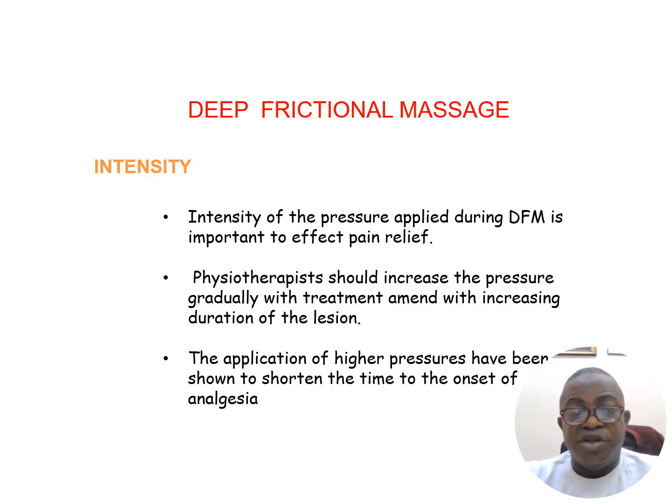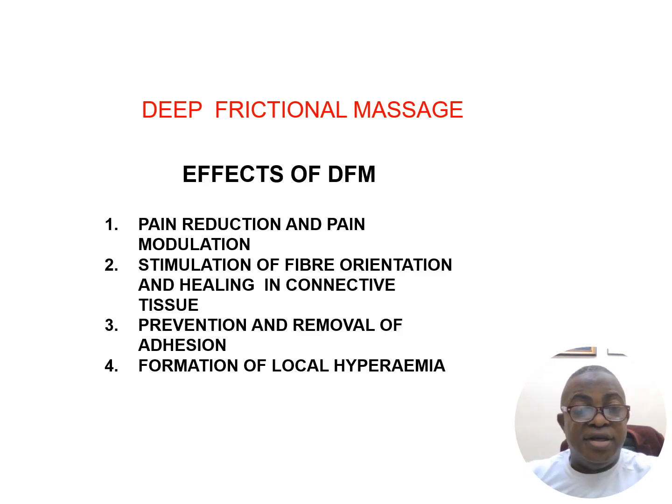The depth of the friction should be very superficial at the initial stage. Then as time goes on, increasing depth of friction can be applied during the treatment. And studies have shown that application of light pressure, gradually transitioning to deeper pressure, is more effective than applying deep pressure at the start of treatments with deep frictional massage.